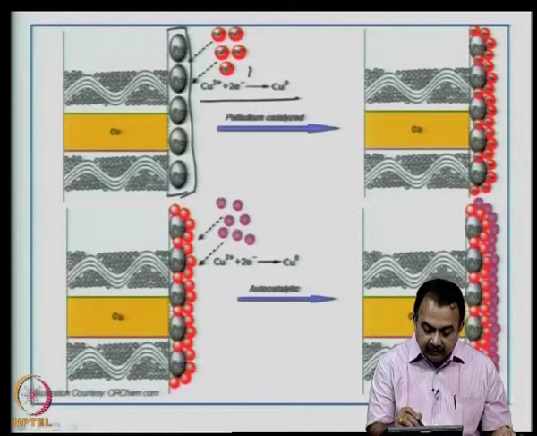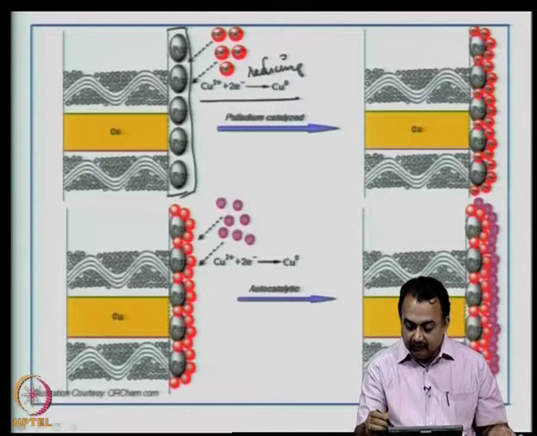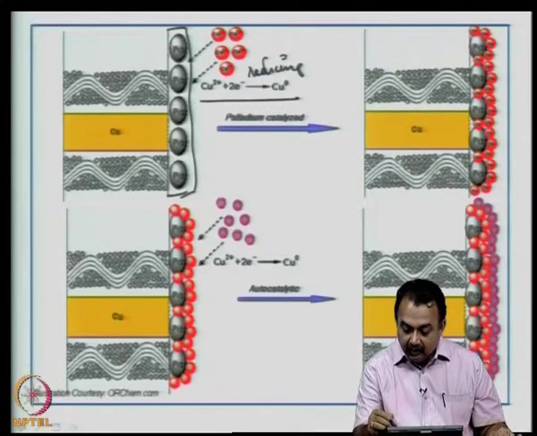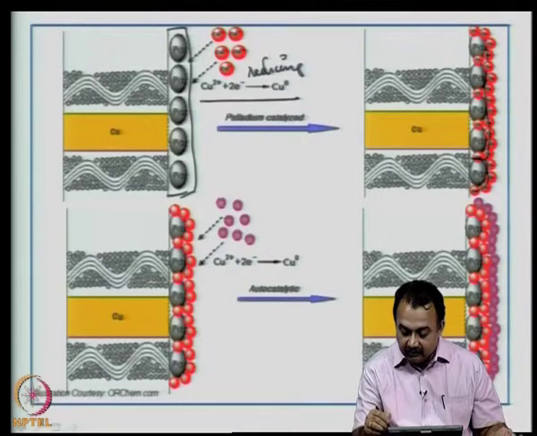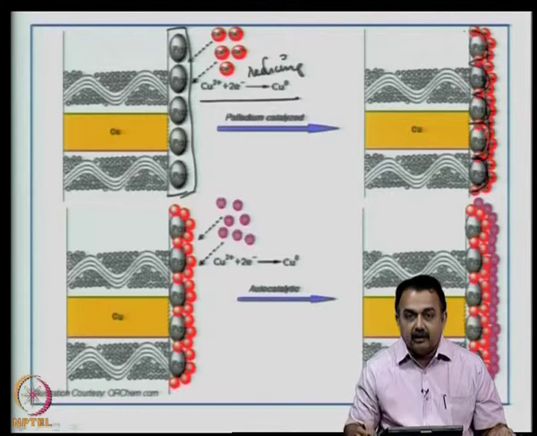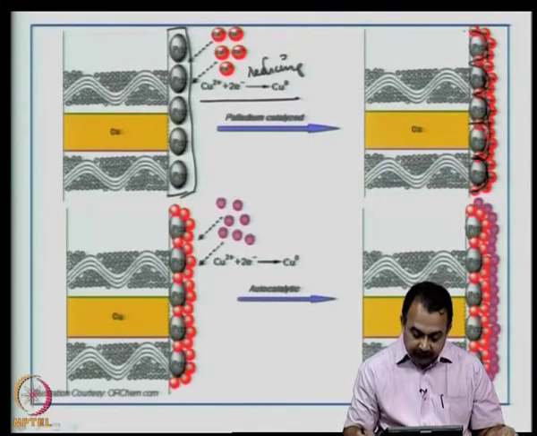In the presence of a reducing agent, you get Cu2+ + 2e- giving Cu0, and then this copper will now attach itself to the palladium surface, you can see here. So, this bond is very crucial in determining the reliability of the board itself.